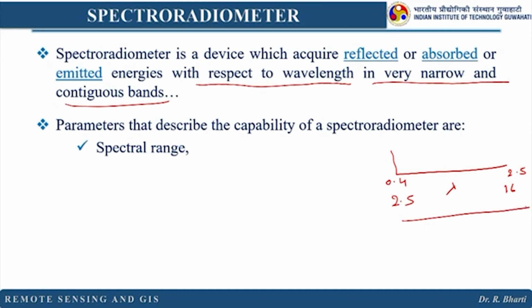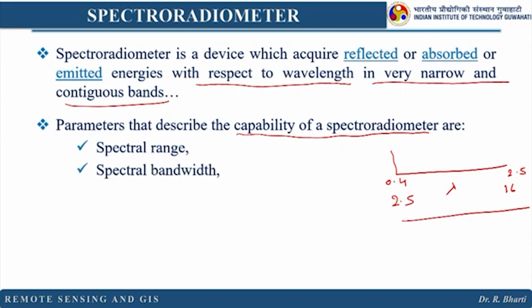That is the spectral range of your instrument. We use this parameter to define the capabilities of our instrument, so the first thing you have to look at is the wavelength range in which that spectroradiometer is working.